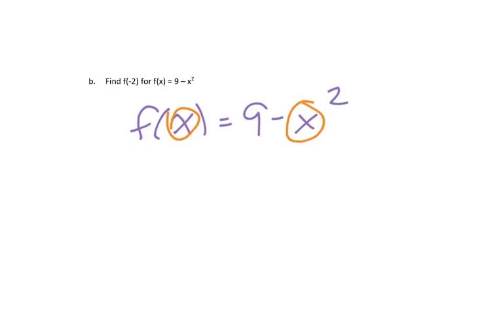So let's do another one. So this time it says f of x is equal to 9 minus x squared. So this is also going to be replaced here. This problem wants us to find f of negative 2. So negative 2 is the number we're going to put in where we see an x.